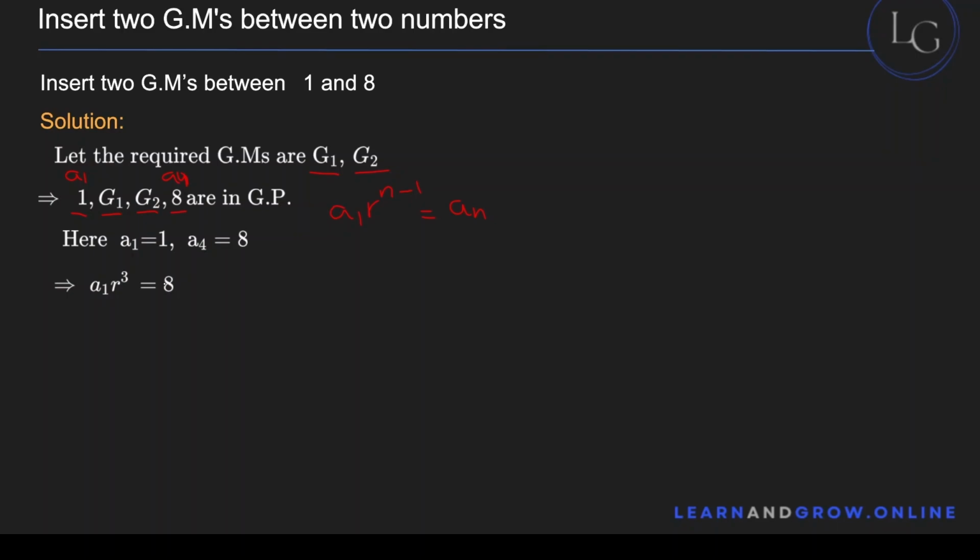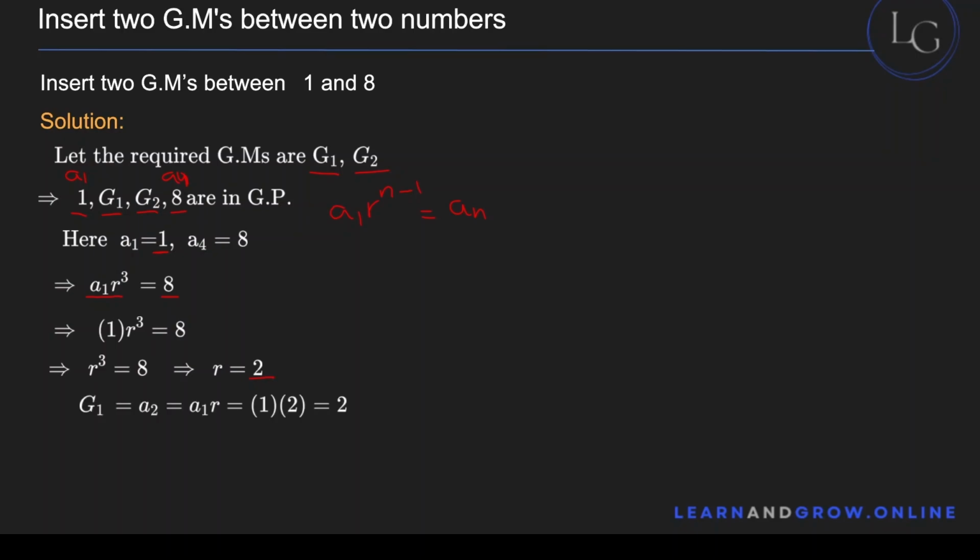So A4 is equal to A1 into R raised to the power 4 minus 1, which means A1 into R cube is equal to 8. Using this, we can find the value of R because A1 is already given to us, it is 1. So R cube is equal to 8, and so R is equal to the cube root of 8, which is 2.